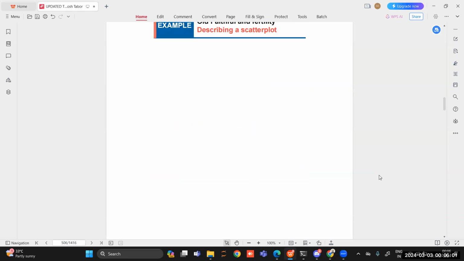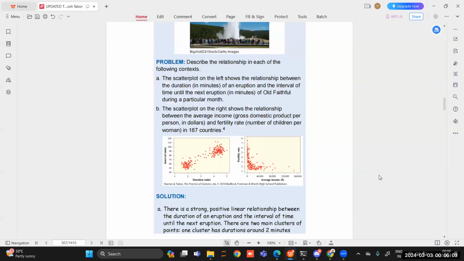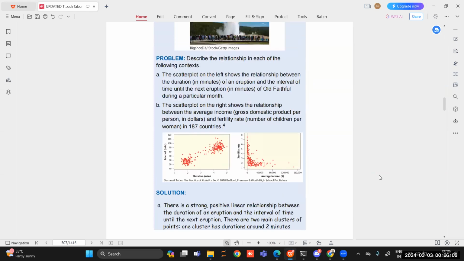So next, come on, read this question, and you can give me the answer. It's very easy for you now. For the first one, there's a strong positive correlation.